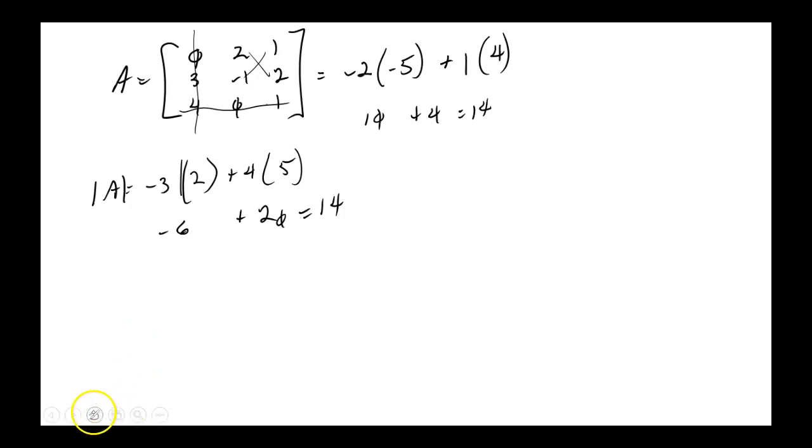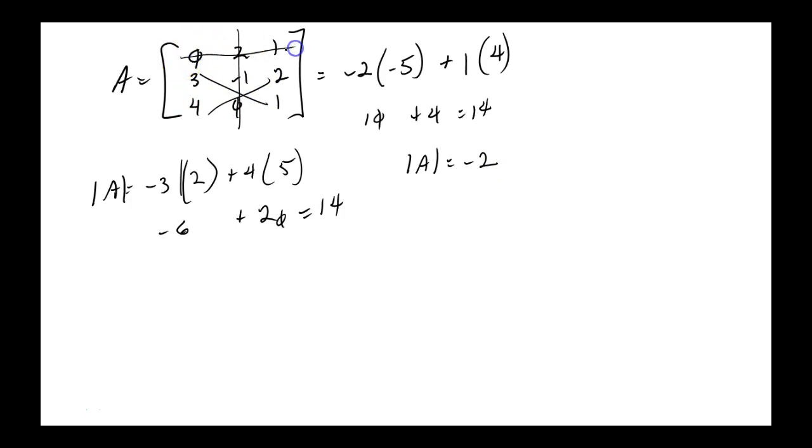Let's use, since this is so much fun, you want the second column or the third row? Second column or third row? You choose. Second column. Okay, we'll use this one. It's going to lead off with that 2. What's the position of the 2? Okay, so it's going to be a negative 2 times the determinant of what's left.